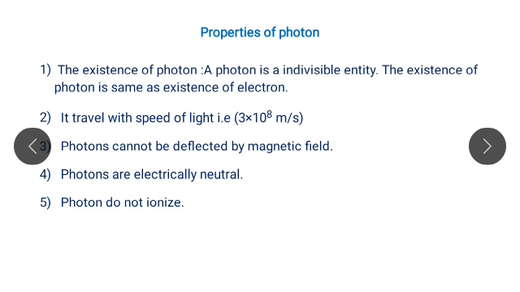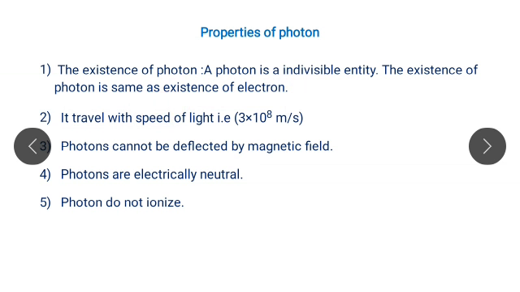Then what are the properties of photon? We know that photon means the units, or the energy packets. First property of photon is that it is an indivisible entity, and therefore the existence of photon is the same as the existence of electron.